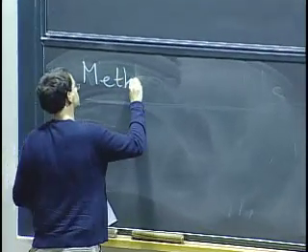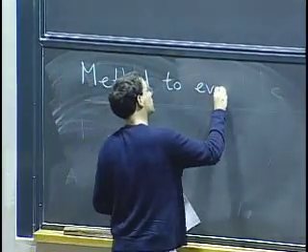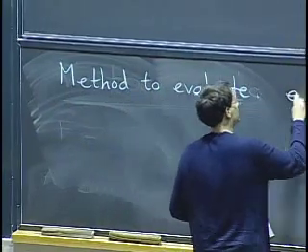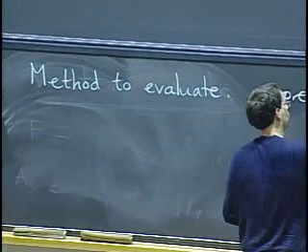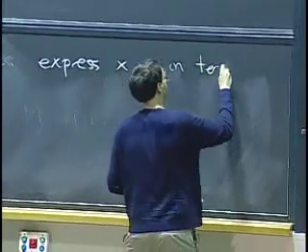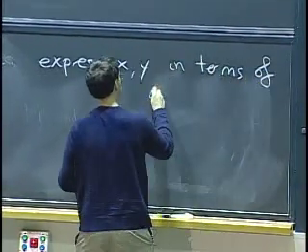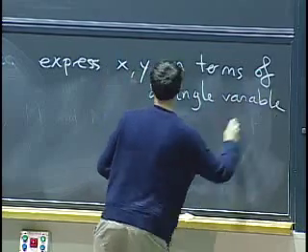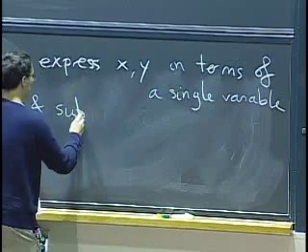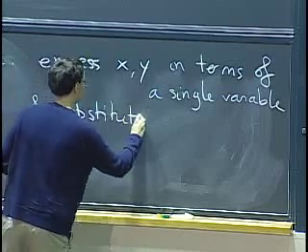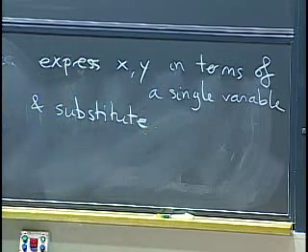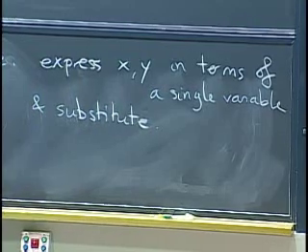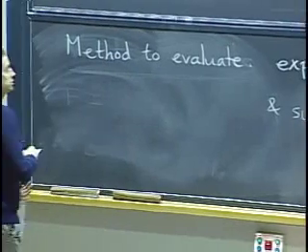So the method to evaluate is to express x and y in terms of a single variable, and then substitute that variable. Okay, so let's, for example, redo the one we had up there, just using these new notations. You'll see it's the same calculation, but with different notations.